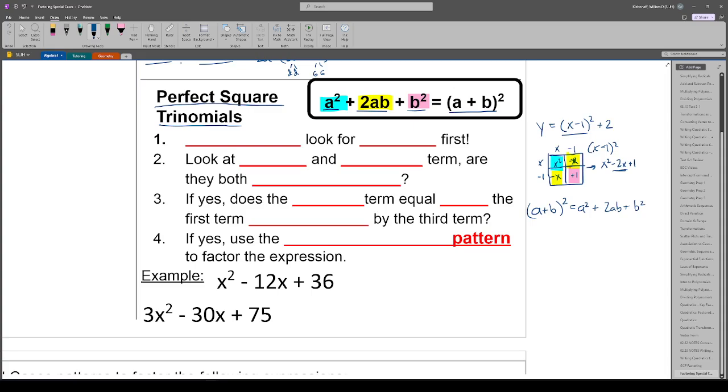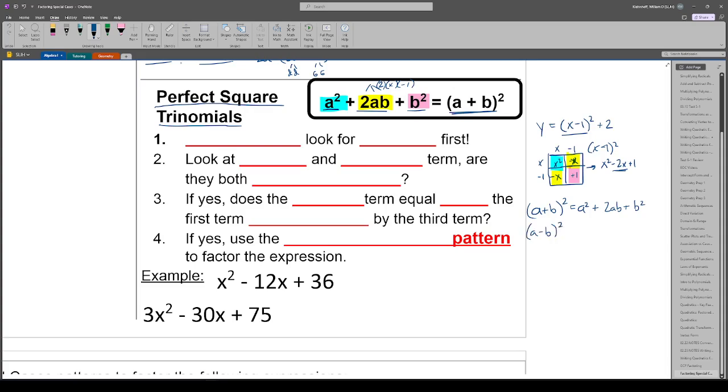So you can just use this one version, but just remember that when you do this part here, 2 times a times b, you take the sign into account as well. So for the example that I wrote, that would be 2 times x times negative 1. So our middle term would become negative 2x. Usually there's two different versions written out like there are on the star chart.